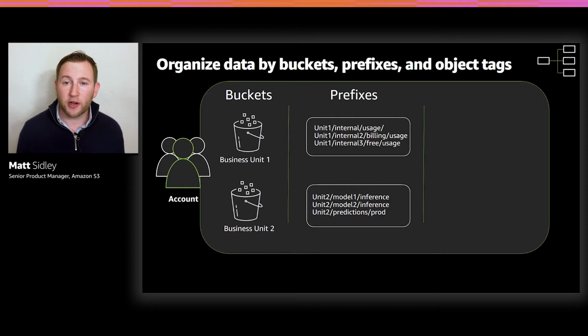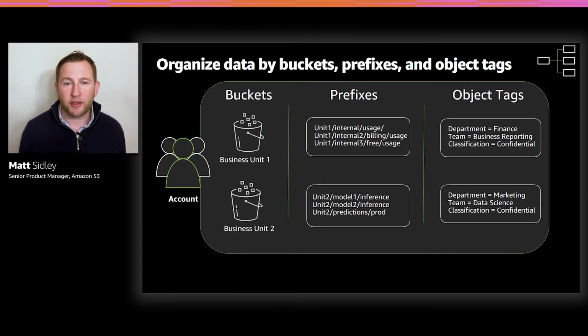And to further organize your data by projects or teams within a business unit, you can use key name prefixes, which are names in front of your objects to infer a folder structure that helps you further keep things organizationally simple. On top of that, you can also use object tags, which are key value pairs that help you further categorize your objects across internal use cases by associating up to 10 tags per object.